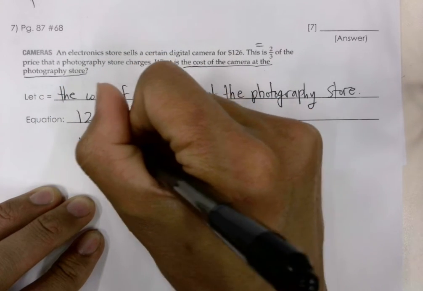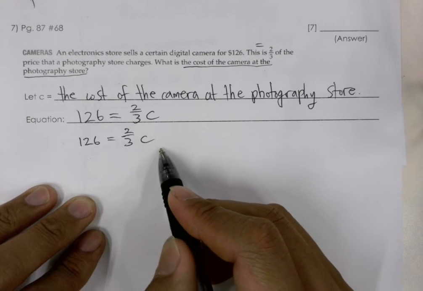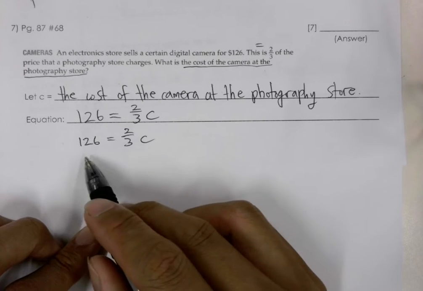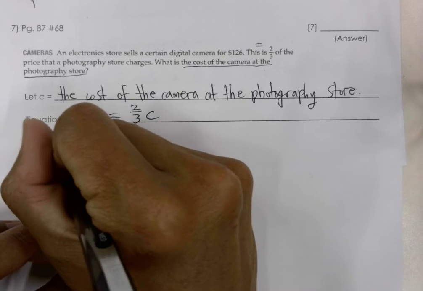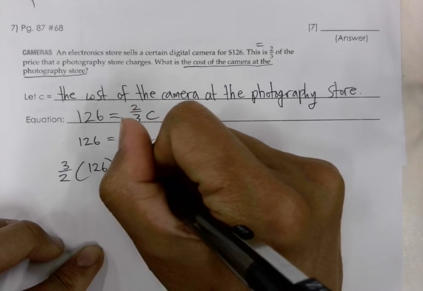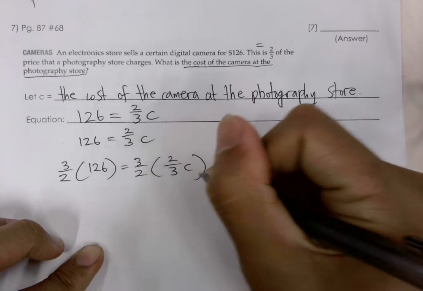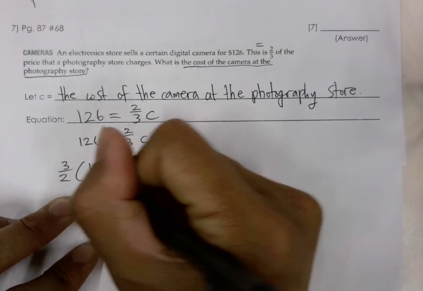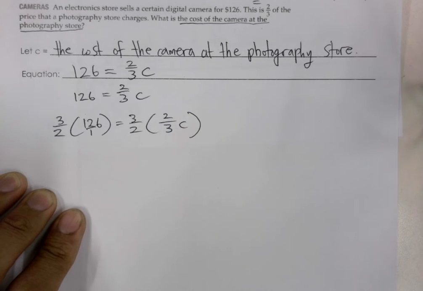126 is equal to 2/3 C. To isolate the variable C, we can multiply both sides of the equal sign by the reciprocal of 2/3. So let's do that. On the left side of the equal sign, we're going to put a 1 underneath the 126 and multiply straight across.